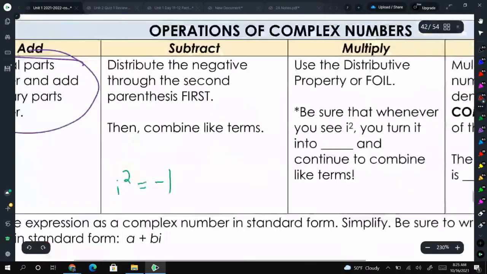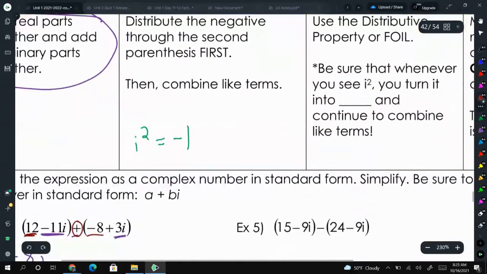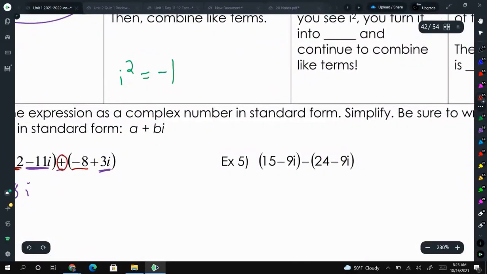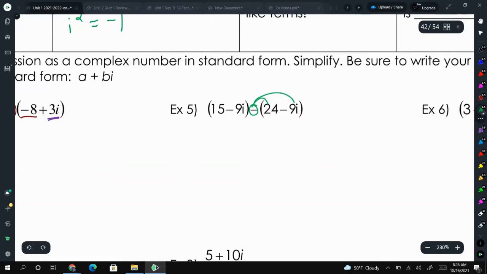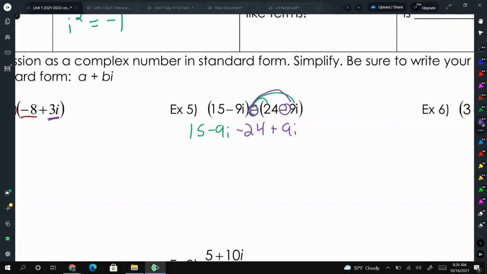Now, when you subtract, the thing that a lot of students will forget is to distribute this negative sign to both. So I like to do that first. So 15 minus 9i, and then once I distributed that, I get negative 24, negative, so 9i, positive, because this negative sign and that negative sign changes to a positive 9i.